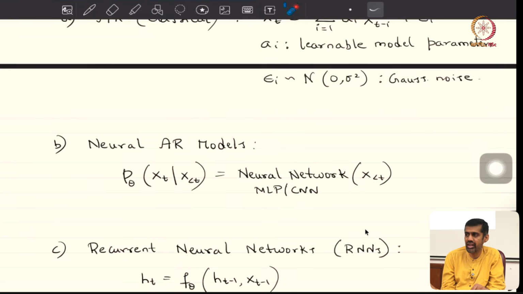So, what do you mean by that? There is an MLP. The MLP takes all tokens till t as an input and predicts the tth token, that is it. So, it is simply an MLP that regresses over the tth token by taking every token before the tth token as an input. Do you see that?